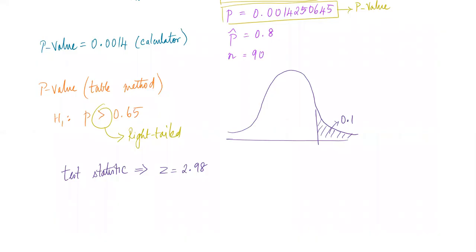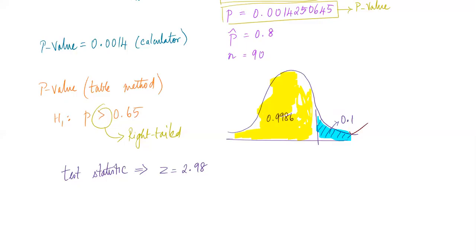Come back here. Now this 0.9986 is actually the area to the left, because that's what the table tells us. But we are interested in area to the right. This is what we want.